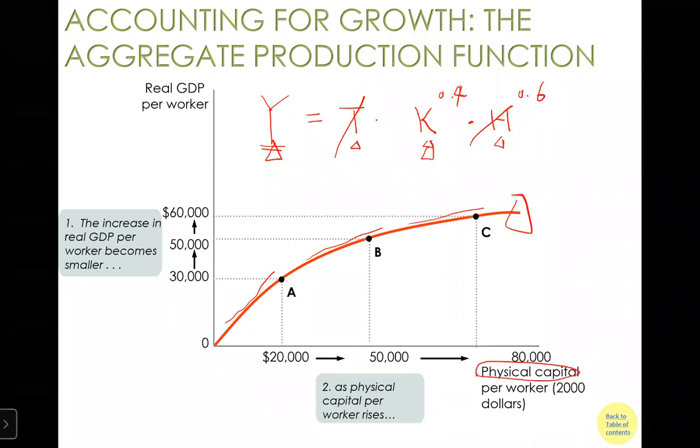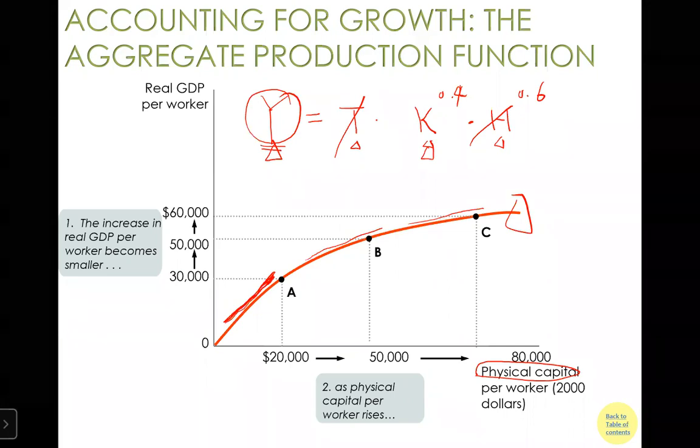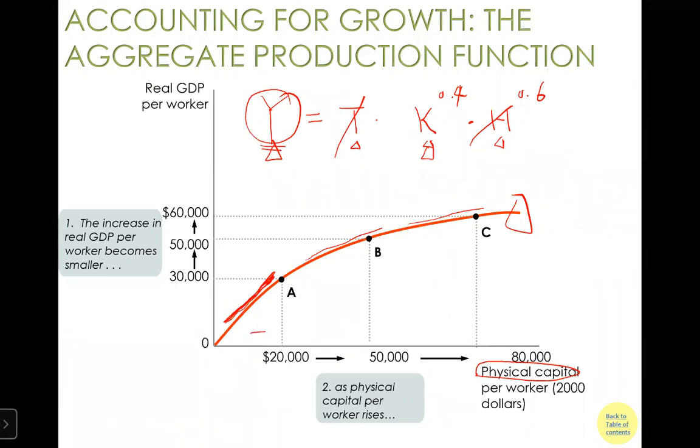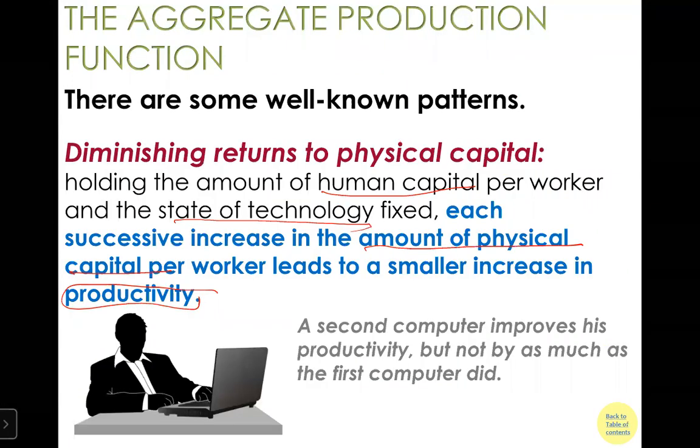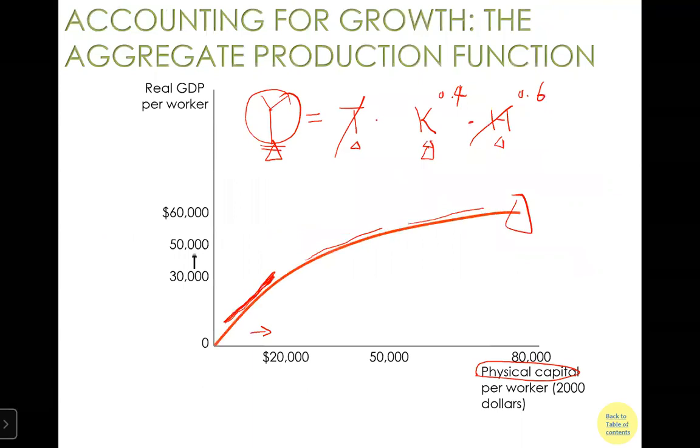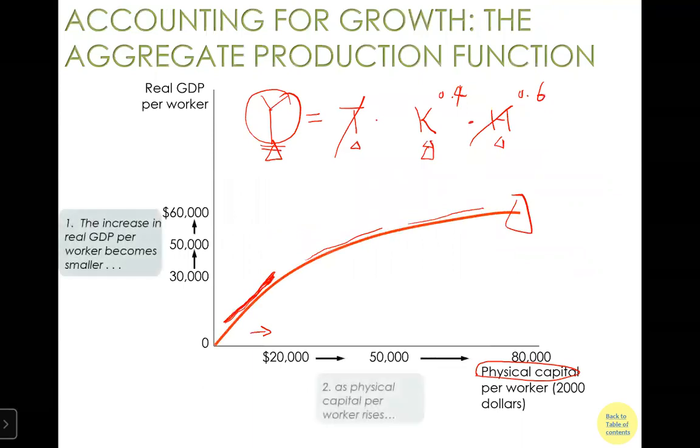The slope of this curve is the additional output you get by incrementally increasing your physical capital. So this flattened curve exactly reflects the diminishing return to physical capital from the previous slides.